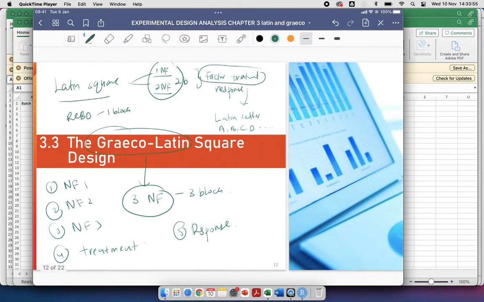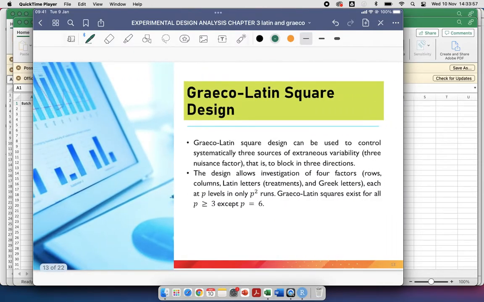Remember, Latin square uses the usual A, B, C, D. Graeco-Latin square design can be used to control systematically 3 sources of variables, meaning 3 nuisance factors, that is, to block in 3 directions. Latin square is 2 directions. The design allows investigation of 4 factors, as I said earlier.